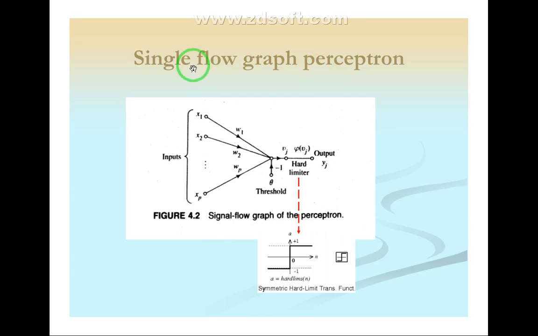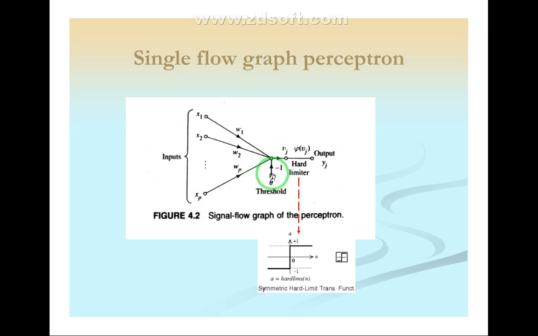So it is better to show the signal flow graph for single layer perceptron. In this signal flow graph, we could show the input vector again and the weights related to each variable. For example, for variable x1, we have w1. This would be entered to the node, to the unit, to the cell: x1 with w1, x2 with w2, and xp with wp.